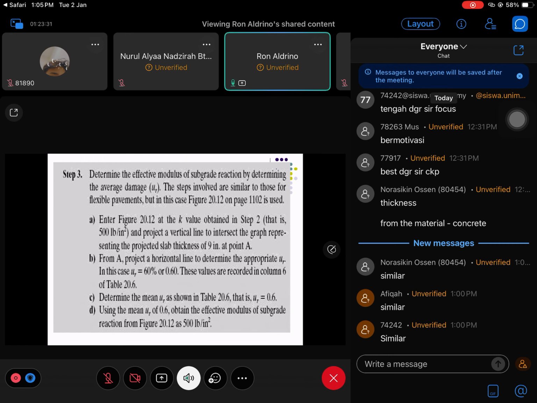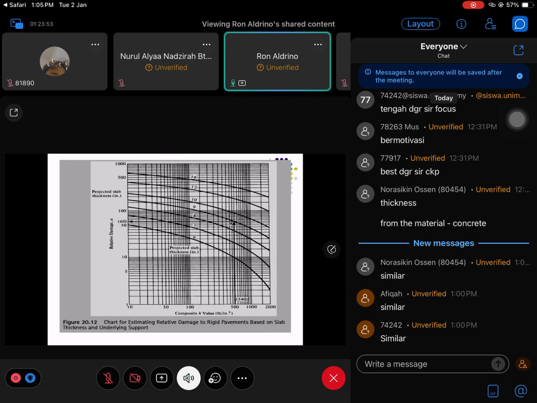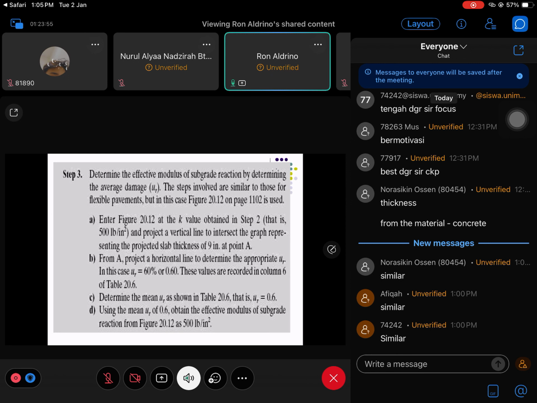The third step is to use the effective modulus of subgrade reaction by determining the average damage. The steps involved are the same as before, but in this case you use the 2012 figure. You take the value in step 2, which is about 500 pound, and project a vertical line representing the projected slab at 9 inch.